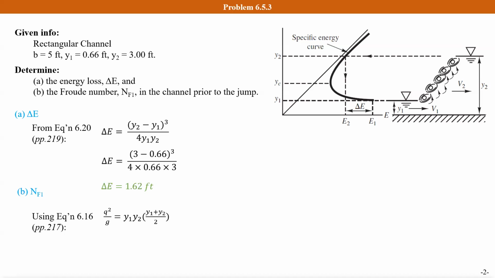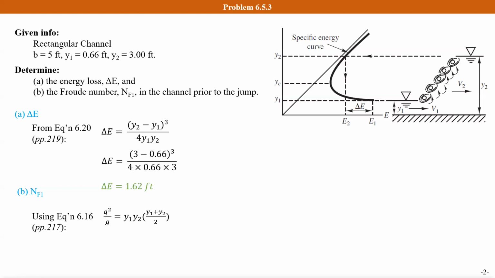N sub F equals V divided by the square root of g times y, and we need to know the value of the velocity. To calculate the velocity, we can use the discharge per unit width, represented by the small q.